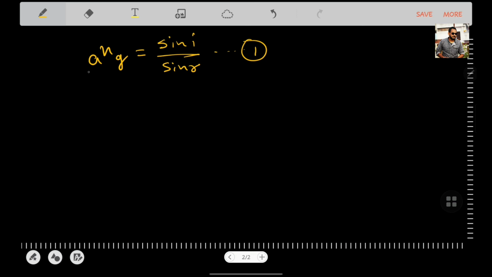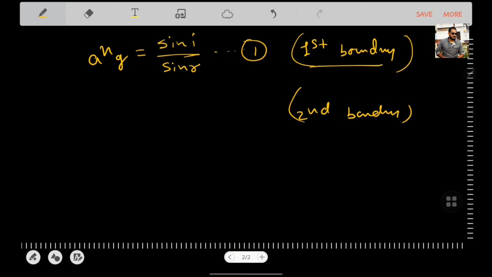In other words, the refractive index of glass with respect to air equals sin I by sin R. This was the first boundary.